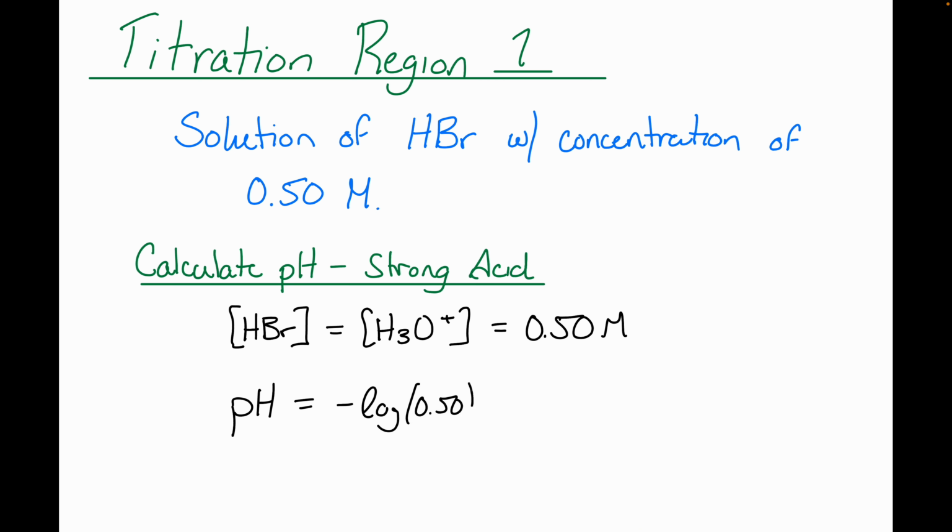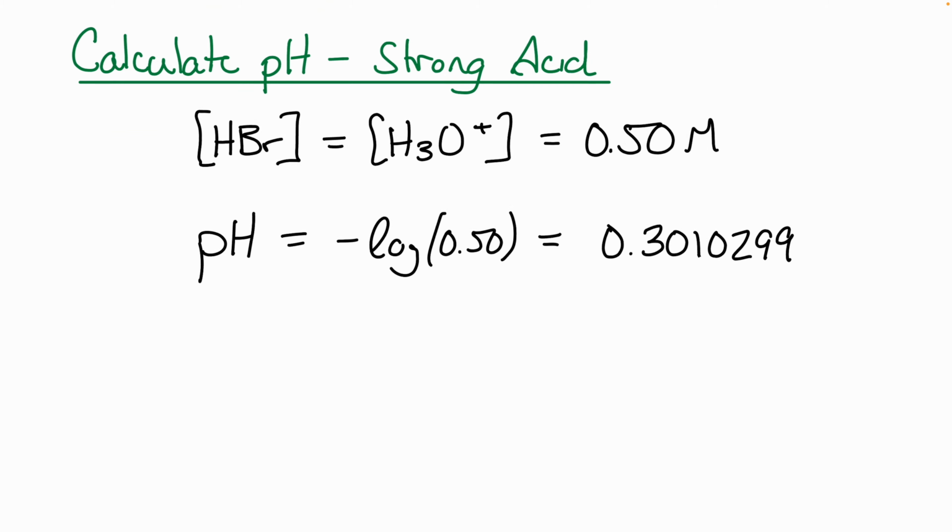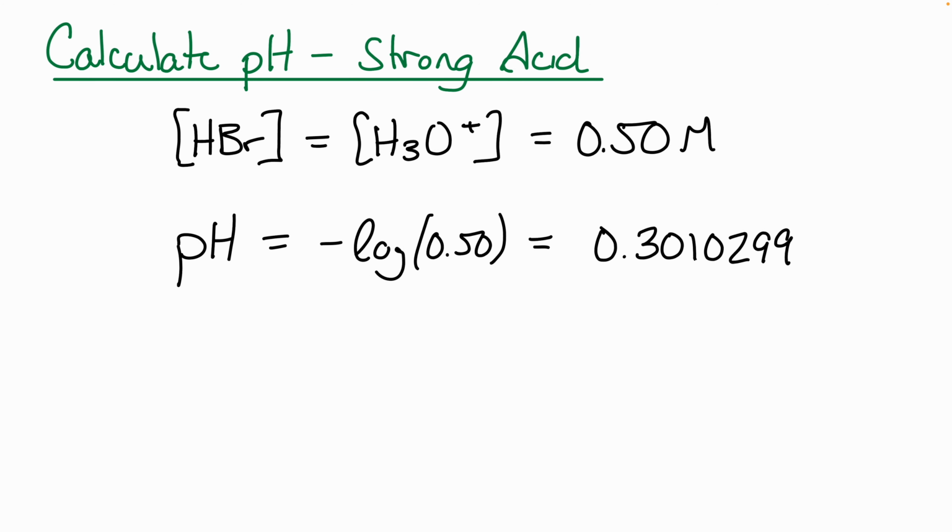That's 0.50, and I get 0.30102999. This is really the only point in our titration curve where we can do this. If we have an ICE table, I'll tell you how many decimal places, but this is just a very simple calculation.